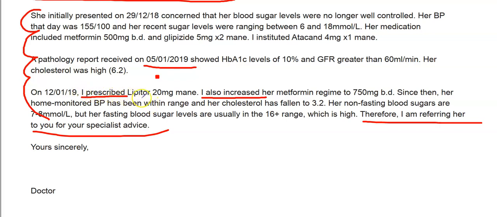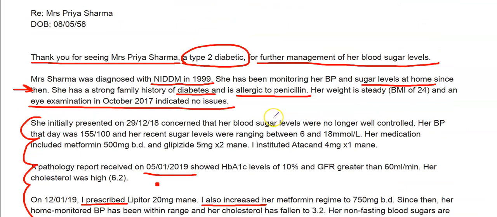Lipitor was prescribed and her regime was increased, because the important part of the sentence is that this was increased and this happened, or she was advised, not I advised her, not I prescribed. Well, who else? So you don't need active. I would change it into passive voice: was prescribed, metformin was increased.